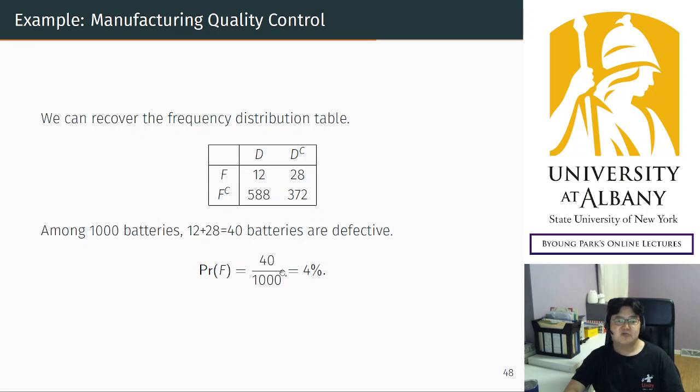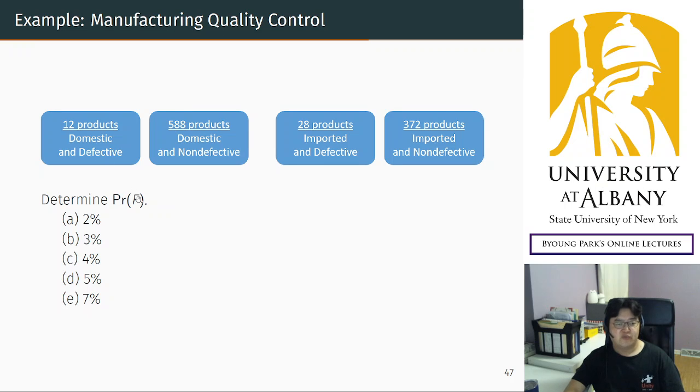The answer is 4%. The reason is, first, we are interested only in the event of being defective. And this event includes two outcomes: domestic defective batteries and imported defective batteries. These two outcomes belong to this event. So therefore, the probability of this event is the sum of the probabilities for these two outcomes.